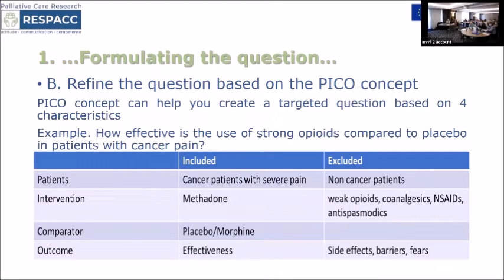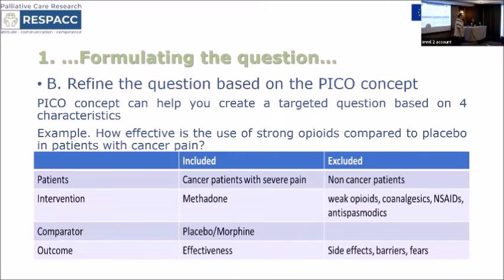Who will go for that search? Bogdana will go for that search. She proposed it. Is somebody seconding her? Okay, she has friends who are seconding her. Cosmin. And here we have. Okay, we'll go for Andrea's question: is methadone more effective than morphine in treating chronic pain for cancer patients? We'll go for this one.